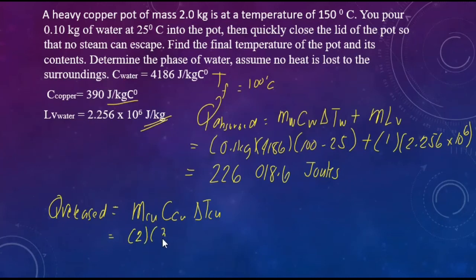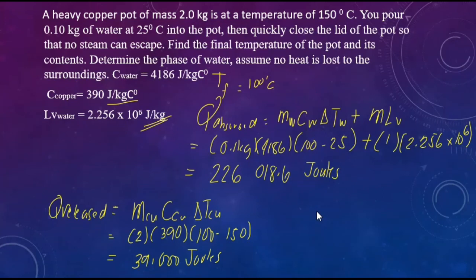C of copper is 390 joule per kilogram Celsius degree. Again, we are assuming that the final temperature is 100, so 100 minus 150. The heat released by the copper is 39,000 joules.